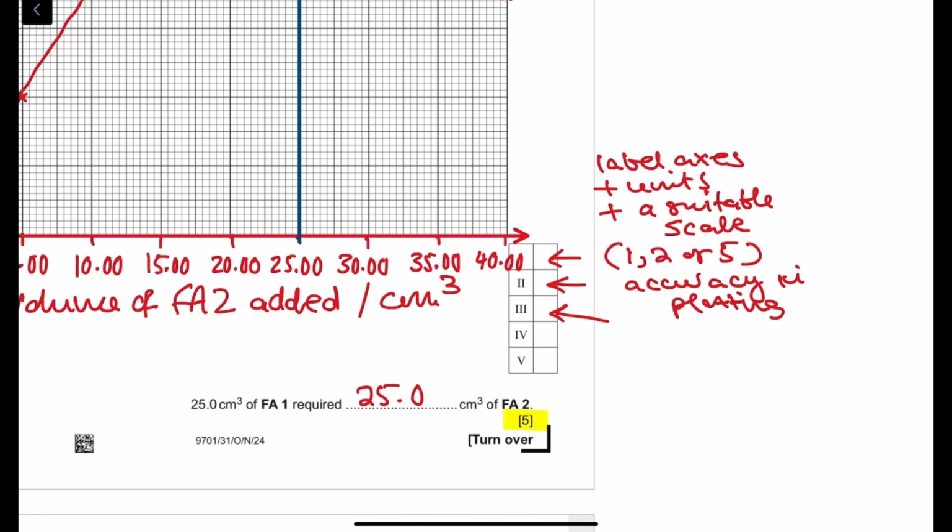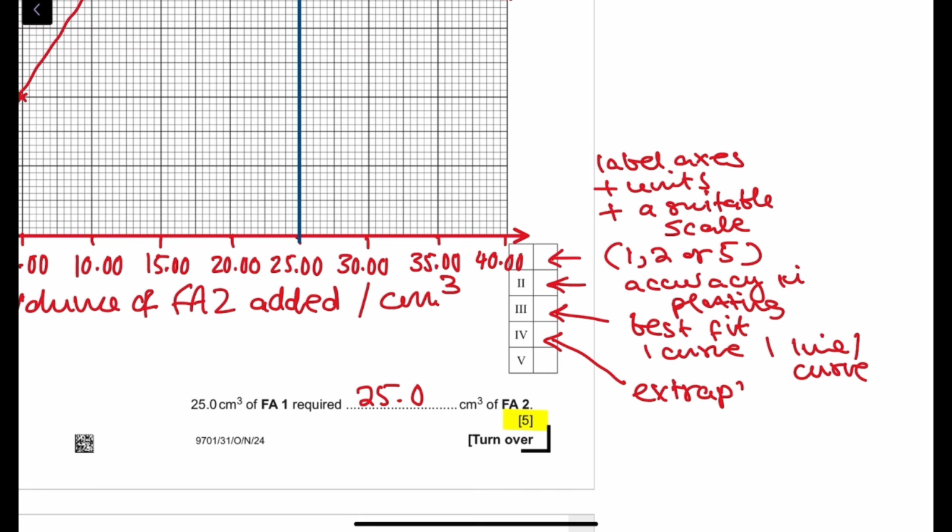Marking point 3 was for your best fit lines. And that would mean one curve, one line or curve for the second line of best fit. The fourth marking point is for extrapolating the lines to intersect at or above the highest temperature.